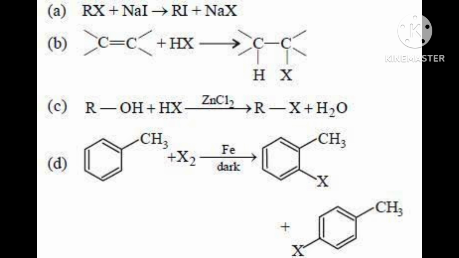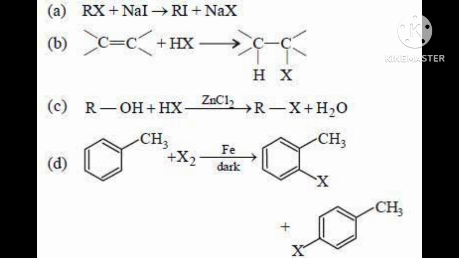The synthesis of alkyl fluoride is best accomplished by heating an alkyl chloride or alkyl bromide in the presence of a metallic fluoride such as silver fluoride AgF, mercury fluoride Hg2F2, cobalt fluoride CoF2 or antimony fluoride SbF3.